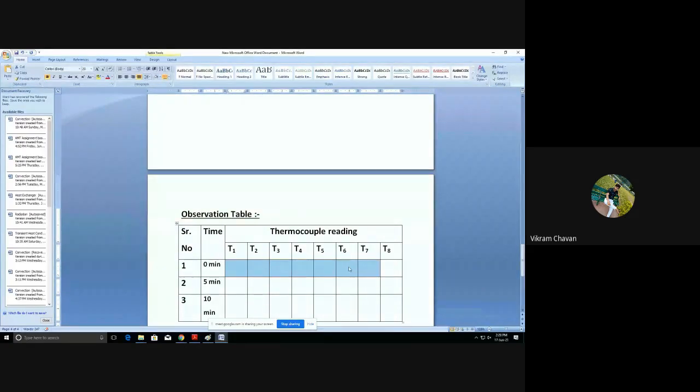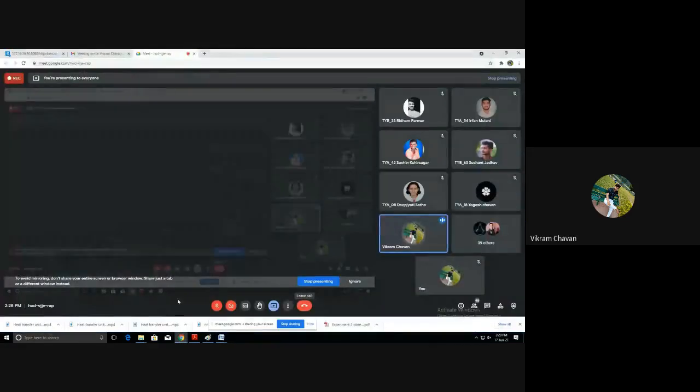If not, then I will go for the performance. I will stop the presentation from here and we'll go for the performance. Within 1 minute I will reach the performance. Meanwhile, you can draw the table, and we will take the readings.